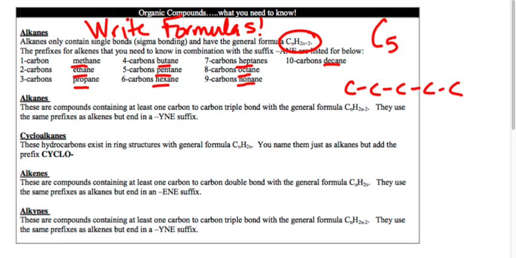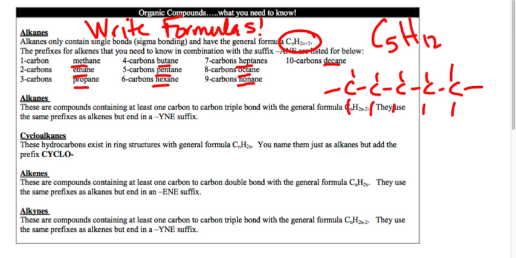So we're going to fill missing bonds with hydrogens. That's what alkanes are. Carbons and hydrogens all singly bound. So we're going to have 5 up top, 5 below, and how many more? 2. So it's 5, 10, 12. So it's C5H12. With this information, you can name any alkane between 1 carbon and 10 carbons. Okay?